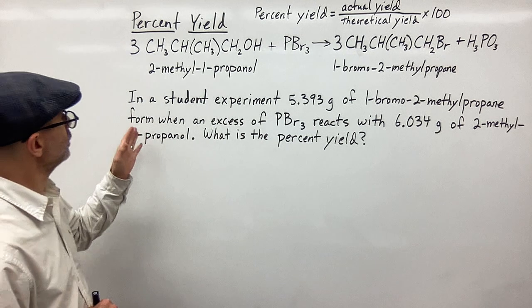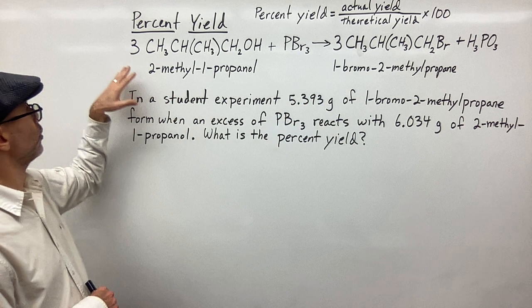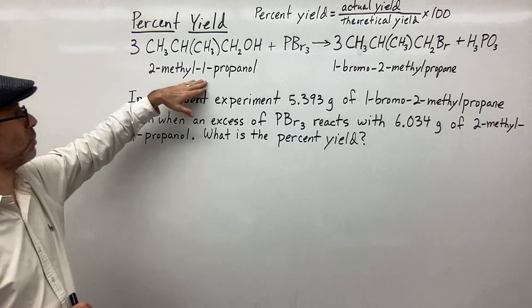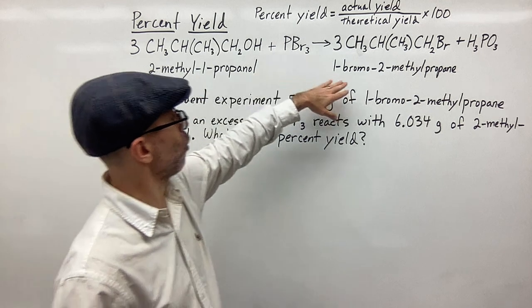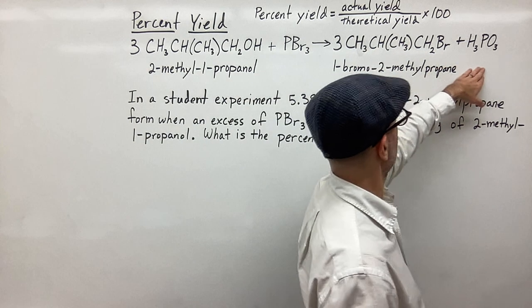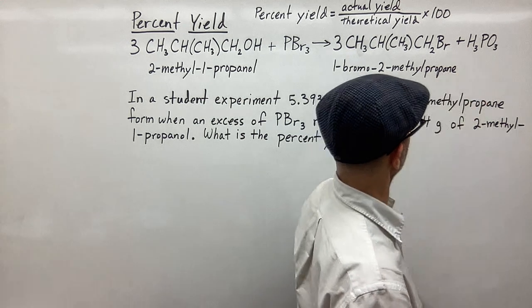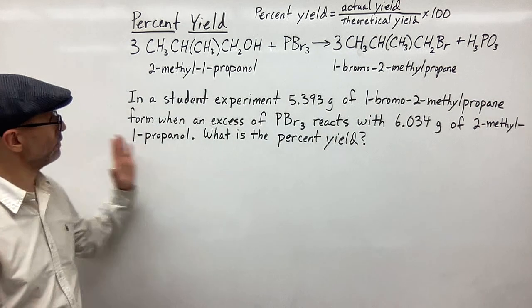So in this problem, we're given the reaction. Here we have 3 moles of 2-methyl-1-propanol reacting with PBr3 to form 1-bromo-2-methylpropane plus some H3PO3, which is phosphorous acid. Okay, so here we're given the situation.